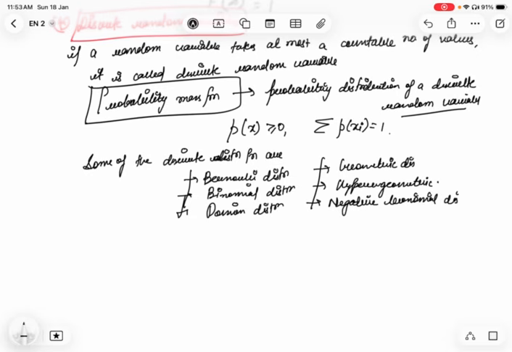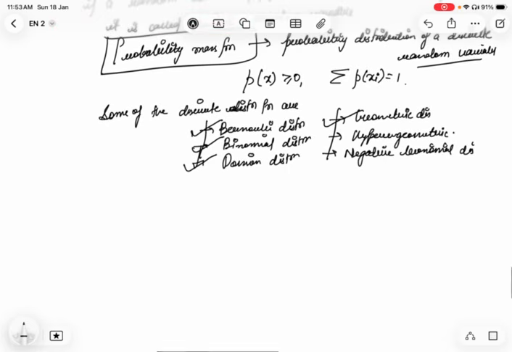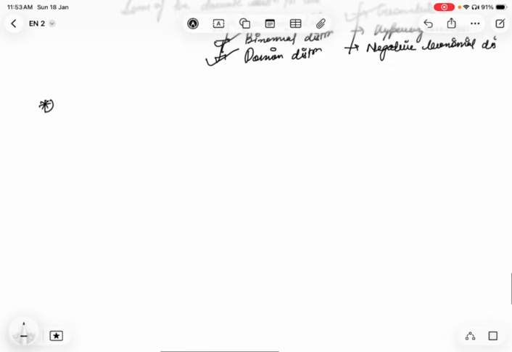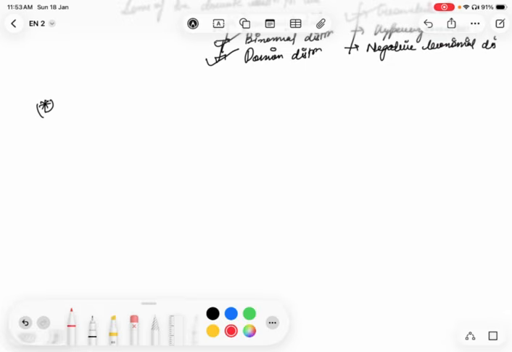There are many more, but from the exam perspective, only Bernoulli, binomial, Poisson, and geometric are quite important. Okay, let me go to the continuous part. So we have continuous random variables.